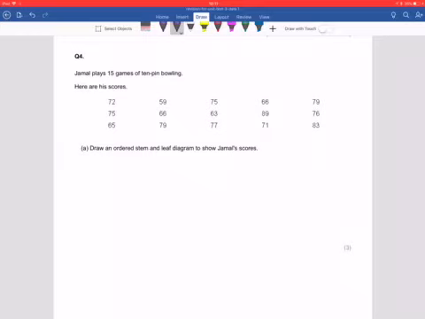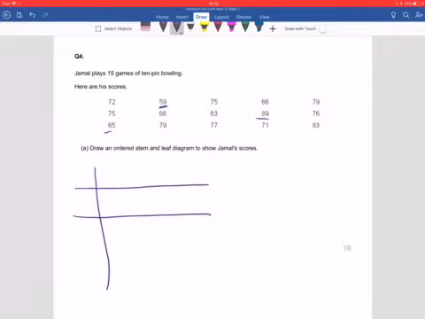Right, Jamal plays 15 games of 10-pin bowling. Here are his scores, right? Again, I'm going to do it twice. I can see some in the 60s. Oh no, there's a 50 and I got up to 80. So, let's have a look. Again, you must do it with a ruler, unlike me. 50s, 60s, 70s, 80s.